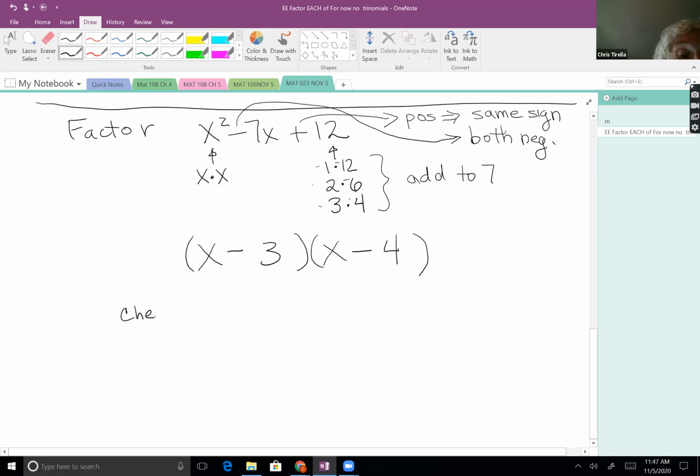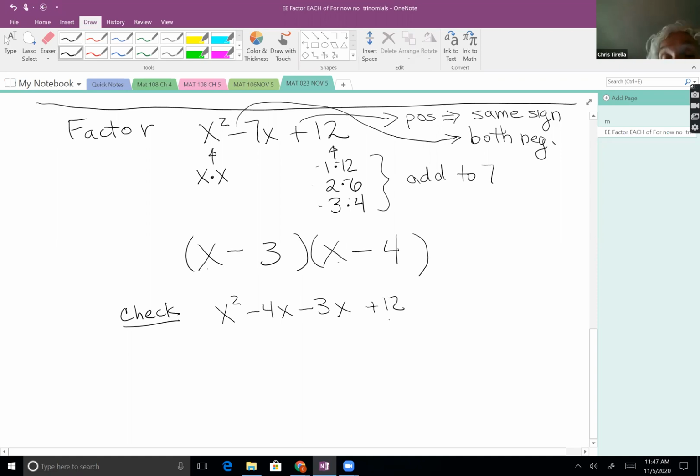But again, let's go through and check. First is x squared. I knew that first would work. Outer is minus 4x. Inner is minus 3x. Last is positive 12.